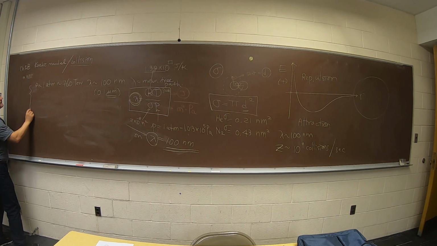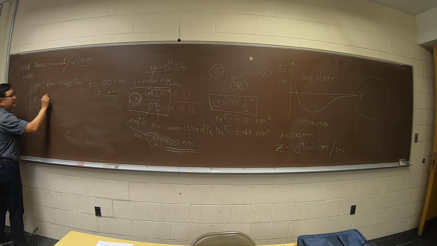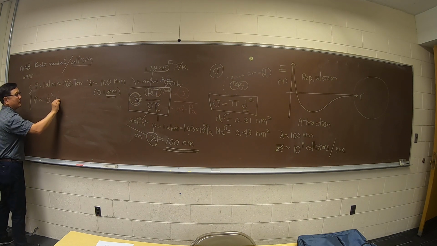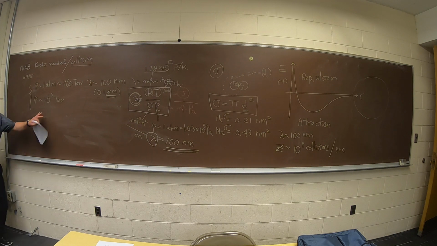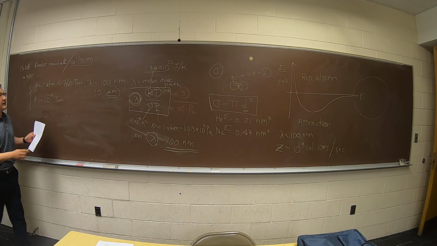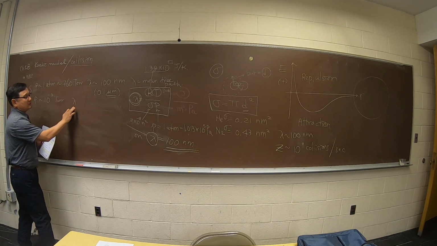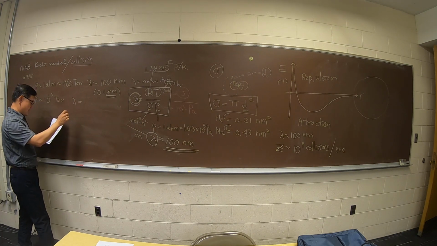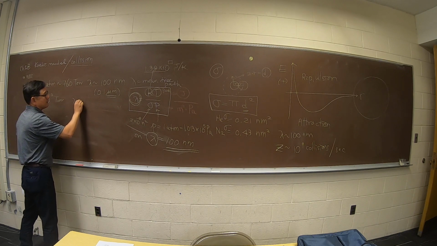But look at now, when my pressure, this is something that I want to share, is 10 to the minus 3 torr. This is a vacuum level that you can have using an oil pump. If you go to the chemistry lab, there's an oil pump running, and this is the pressure level that you will have. And the average distance between collisions, the mean free path, is on the scale of centimeters.